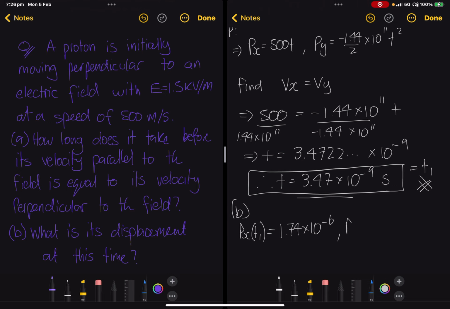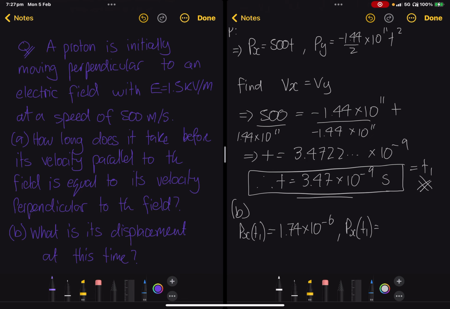And then we have position in y evaluated at time 1 is, this one will be negative, so it will be minus 1.44 divided by 2 times 10 to the power of 11, and then we're going to multiply this by the time value here squared.